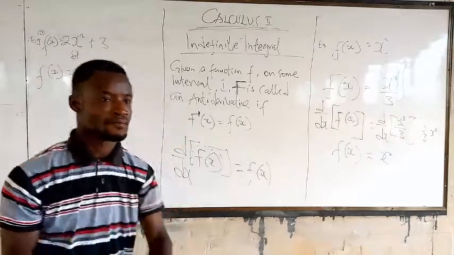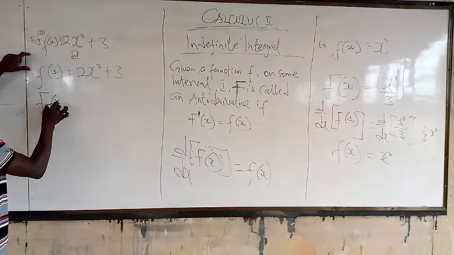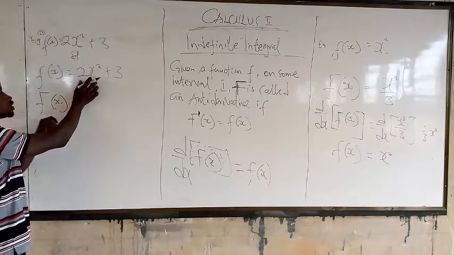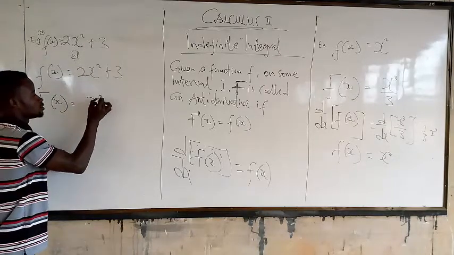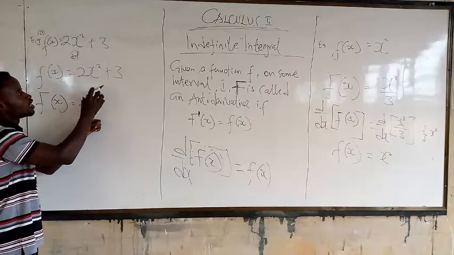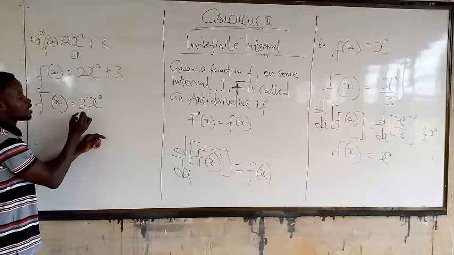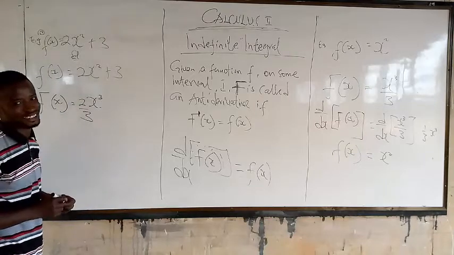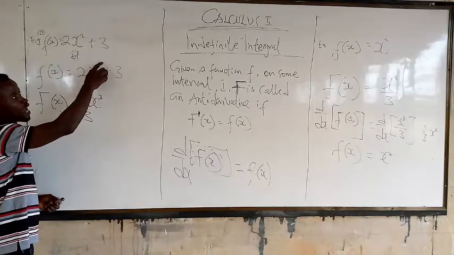Now, when you integrate this, you are going to get a capital F of s, alright? And how do you take integration? Add 1 to the power. Remember 2 is here. You add 1 to the power, you get 3. And now you divide it by 3.